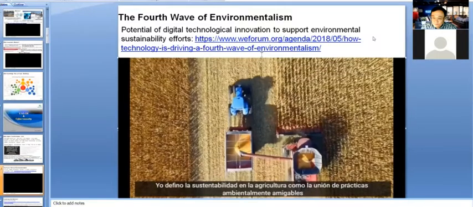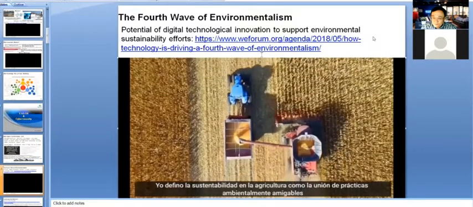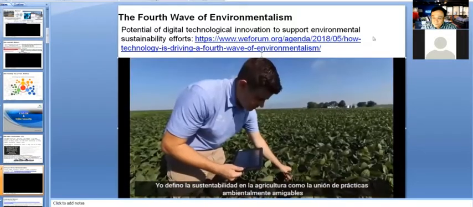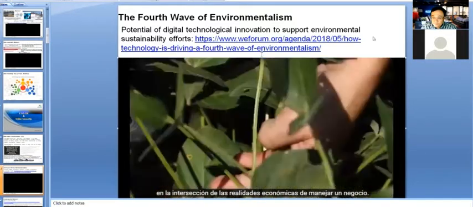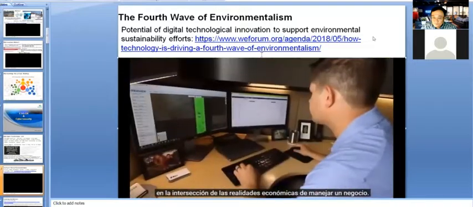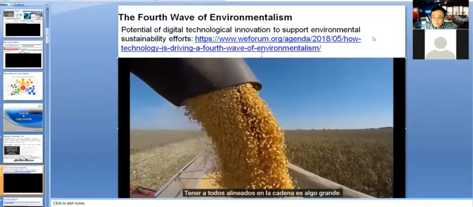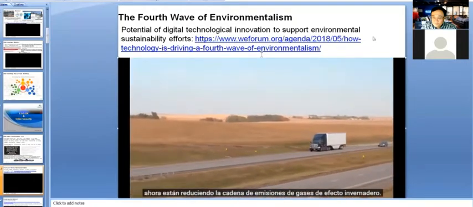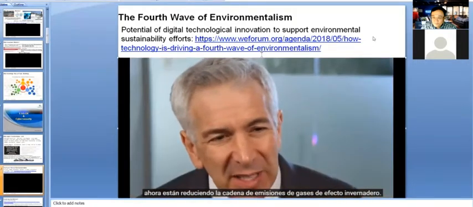I define sustainability in agriculture as the coming together of both environmentally friendly practices intersecting with the economic realities of running a business. Having everybody aligned in the chain is huge. Companies like Smithfield, for example, are now cutting supply chain greenhouse gas emissions.